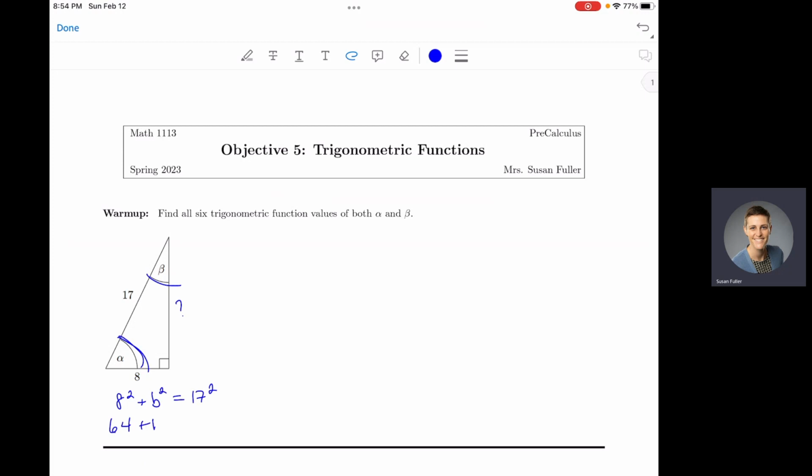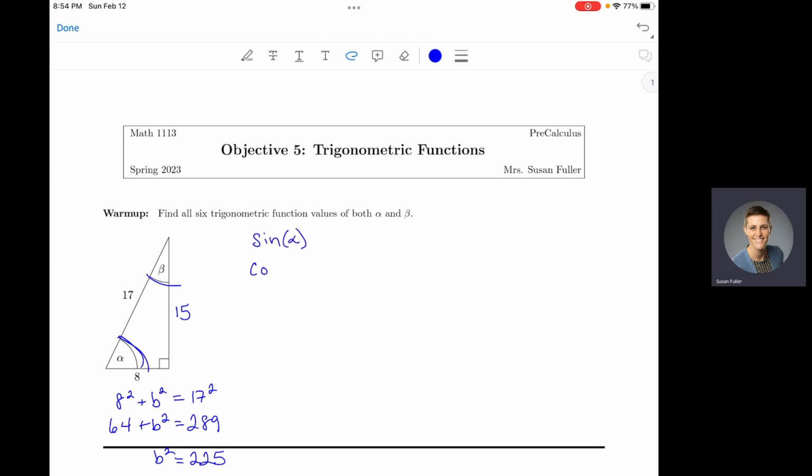So we're going to have 64 plus b squared is equal to, I'm going to put that in my calculator so I don't screw it up, 289. Okay, so that means that b squared is equal to 225, and that means that this side is 15, which is the square root of 225. So the Pythagorean theorem says that this side is 15.